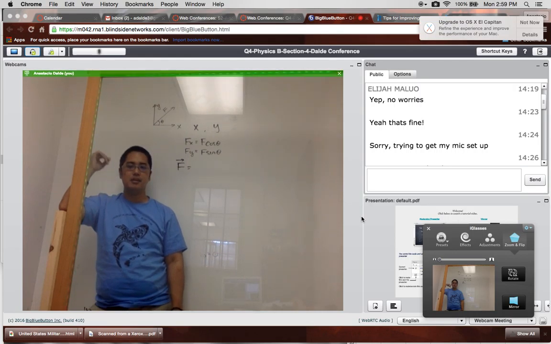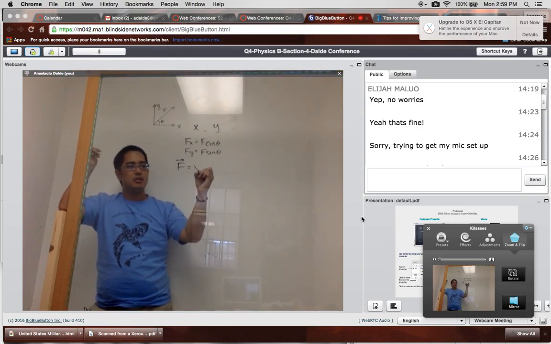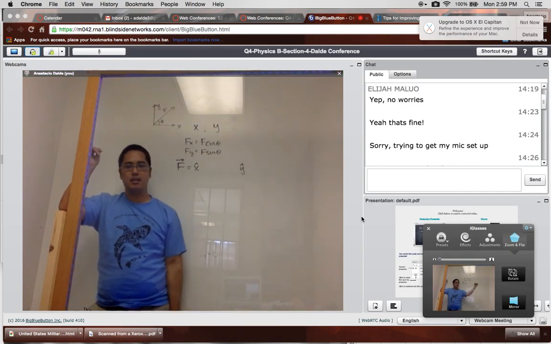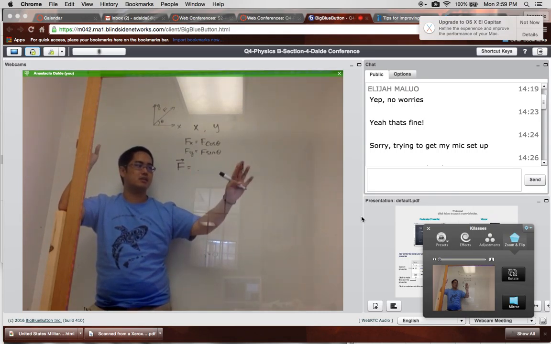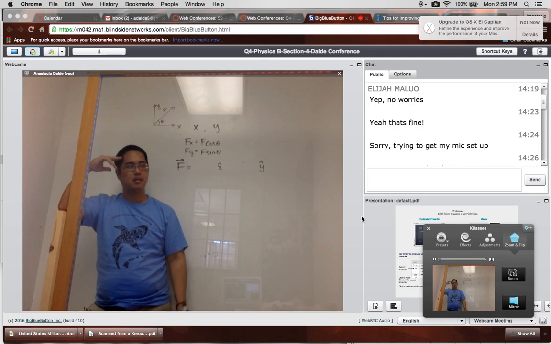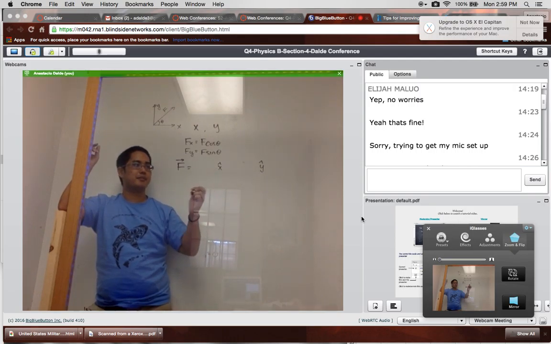Okay. Now, this vector has 2 parts to it. It has an x part and a y part. Actually, I'm going to make it like this. Are we cool? What is the x part? The x part is F cosine theta.